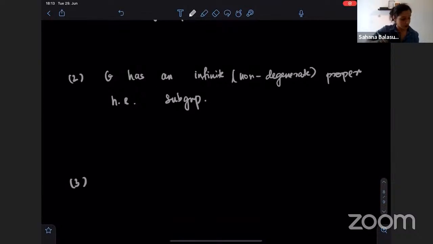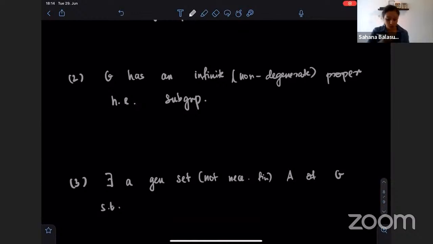And then the third condition is that there exists a generating set, which is again not necessarily finite, A of G, such that if you draw the genuine Cayley graph of your group G with respect to this set A, then this is hyperbolic.